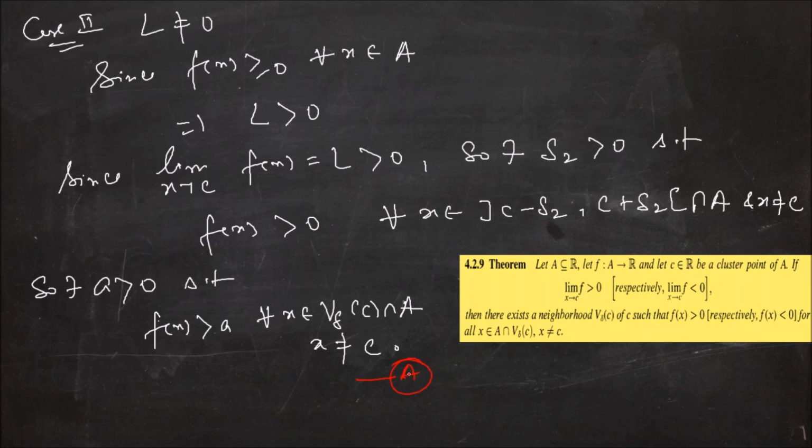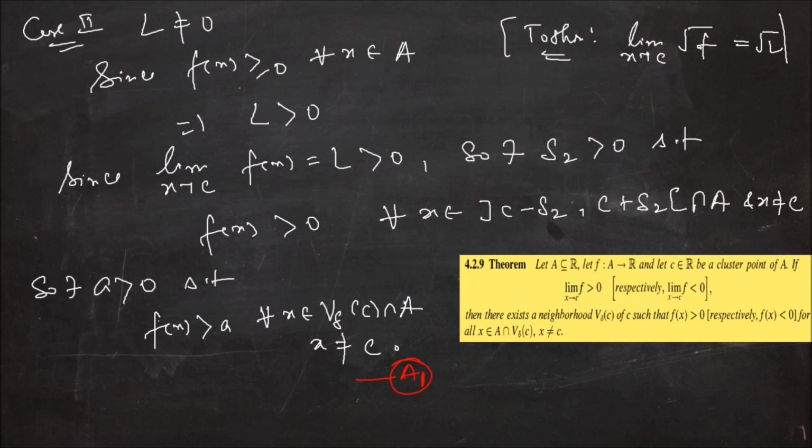Okay, a we have already taken, so mark this as a1. So we have marked this as a1. Now what we have to show is limit x tends to c, root f is equal to root L. So this is what we have to show.